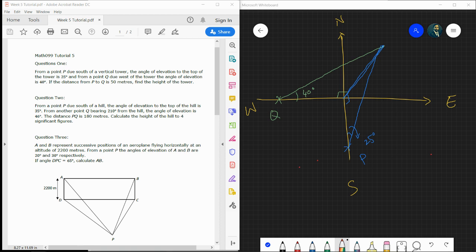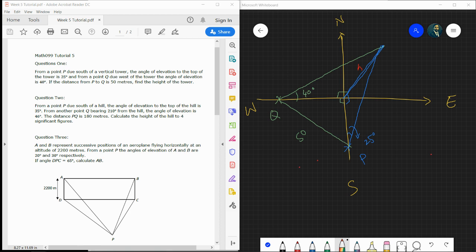And if the distance PQ is 50, so this distance is 50. And you also know this is 90 degrees because they are west and south. Now find the height of the tower. So height of the tower, let's say we use red color. That's H.